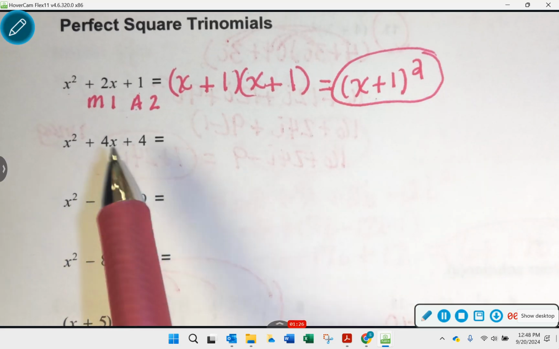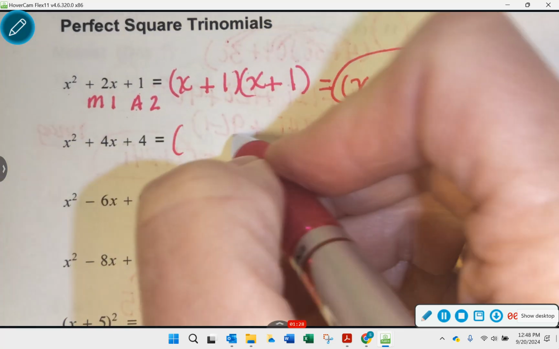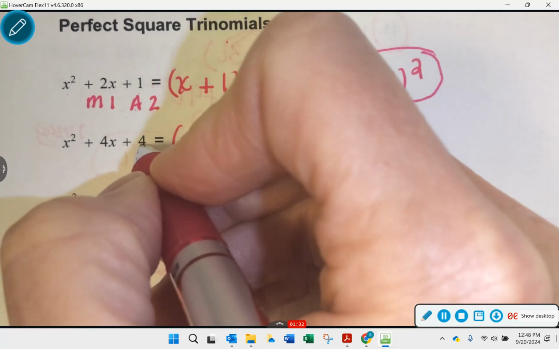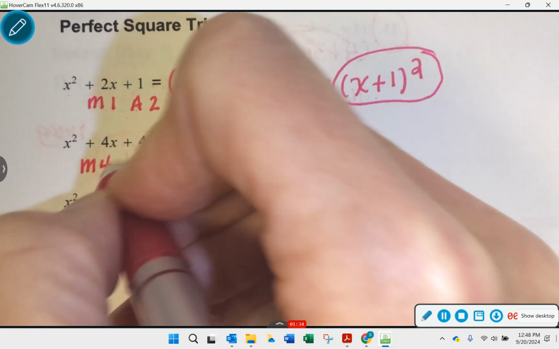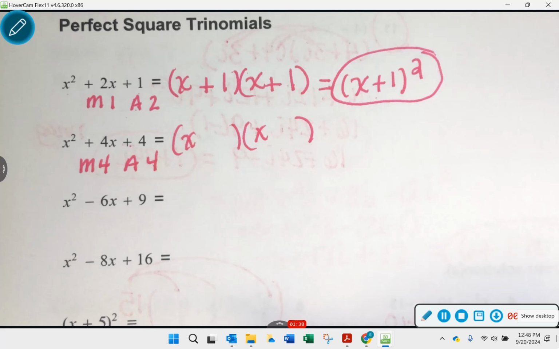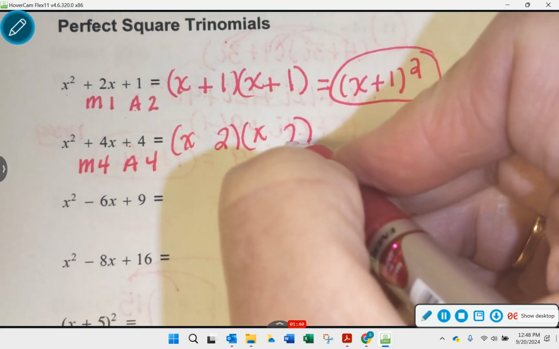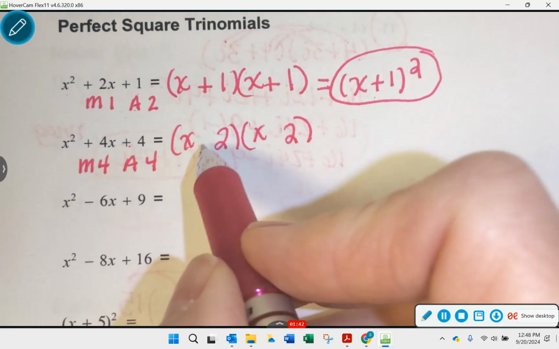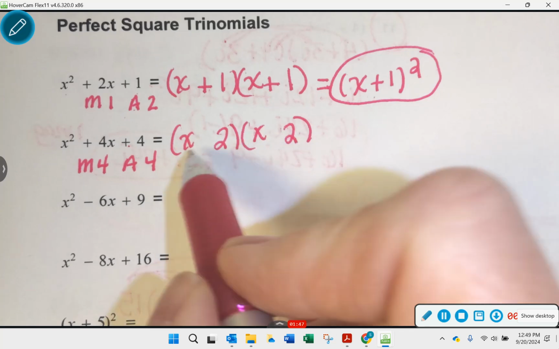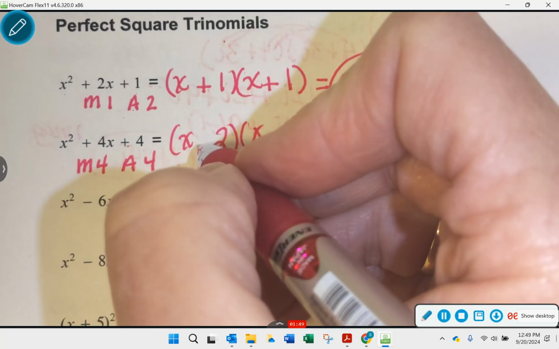All right, let's look at the next one. Set up your double parentheses, x and x. We need numbers that multiply to be 4 and add to be 4. What are the numbers? 2 and 2. And in fact, we want them to add to give us a positive 4x on the outers and inners. So what do we want those signs to be?